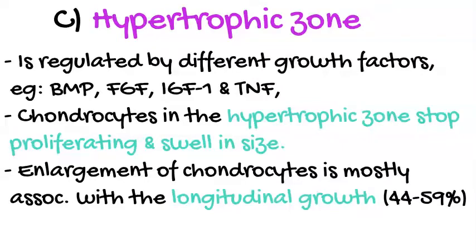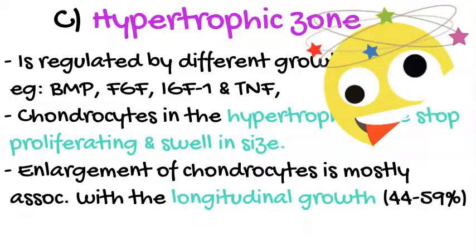Chondrocytes in the hypertrophic zone stop proliferating and swell in size. The enlargement of chondrocytes is mostly associated with longitudinal growth, around 44 to 59% of the longitudinal growth.